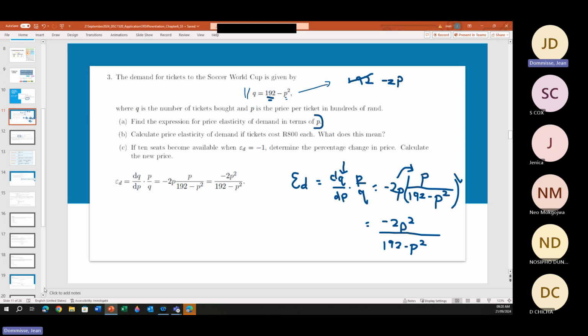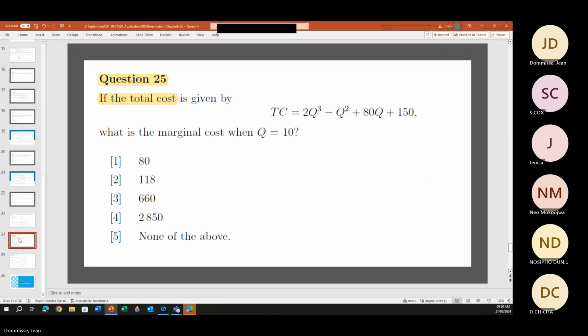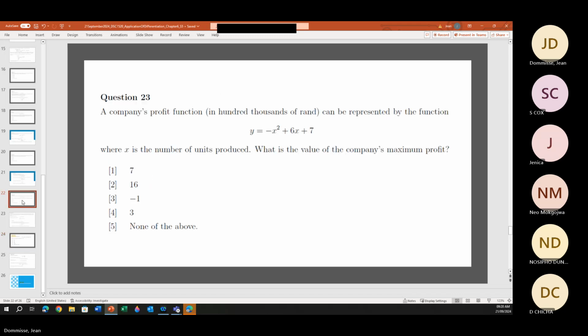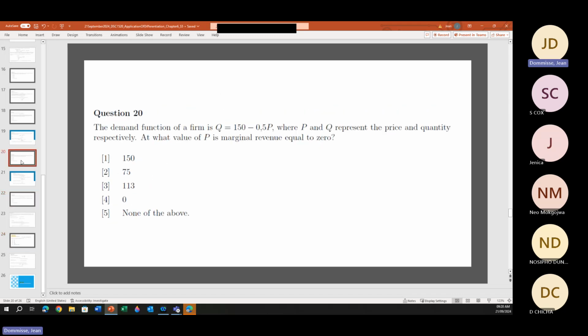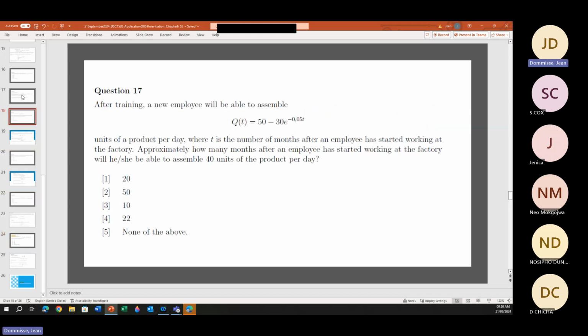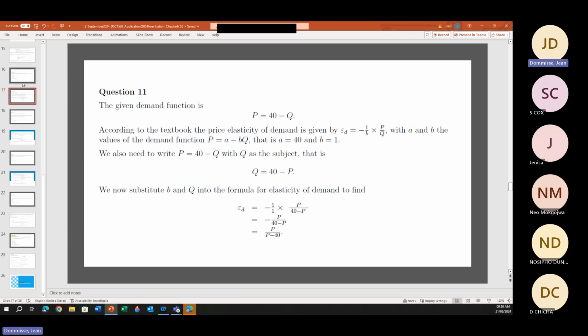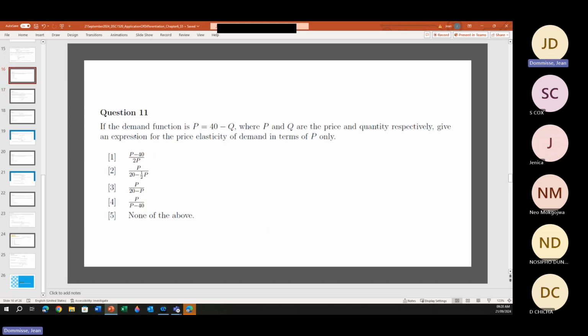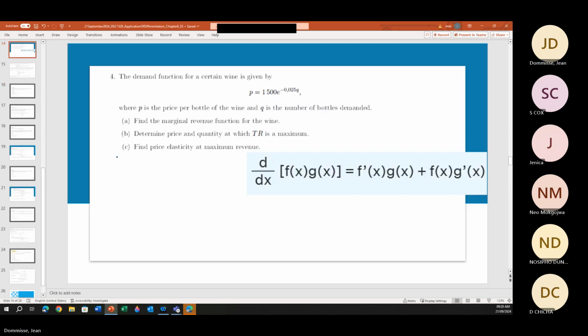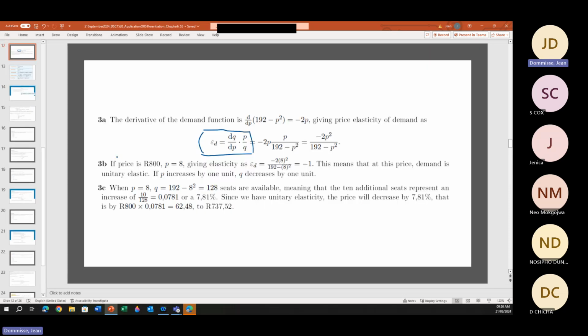I just want to check if I have a question in here that is, okay. So here I will also show you that there are a few different types. Question 11, we will definitely get to see that.